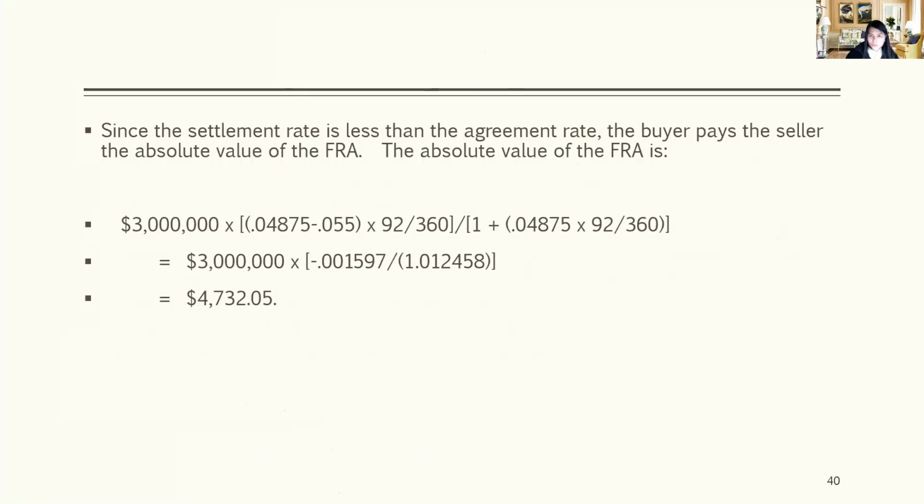The value of the FRA, or how much cash is going to be exchanged between the two, is given by the notional value times (SR minus AR) times days divided by 360, divided by 1 plus SR times days divided by 360. Okay.